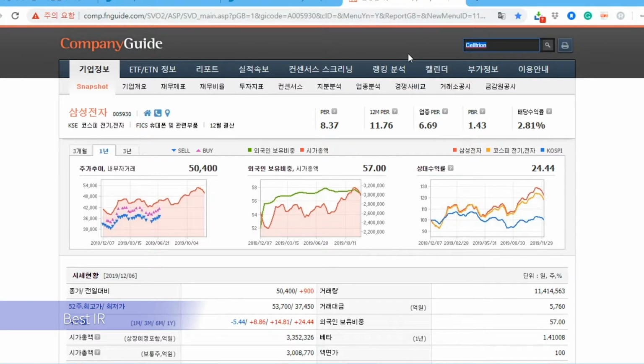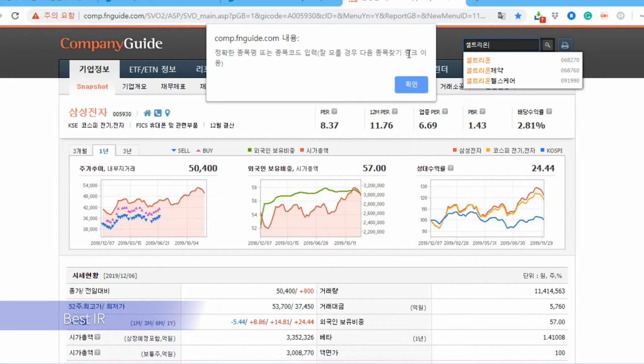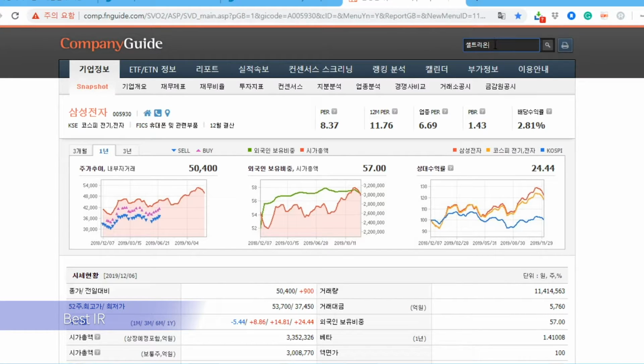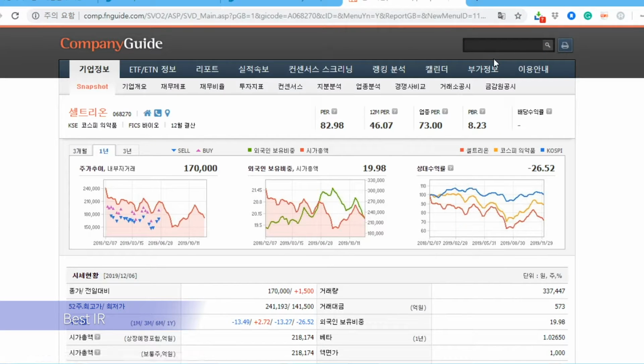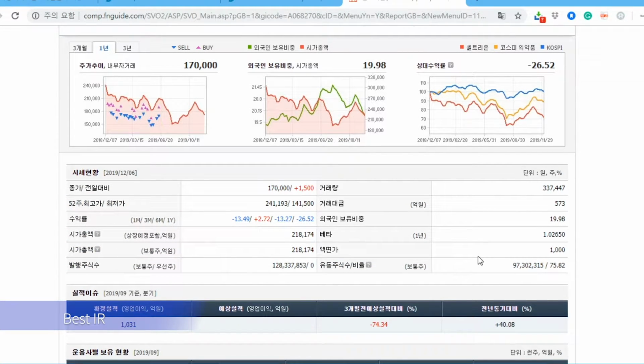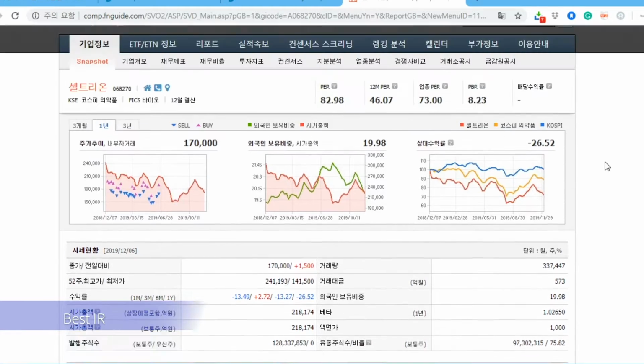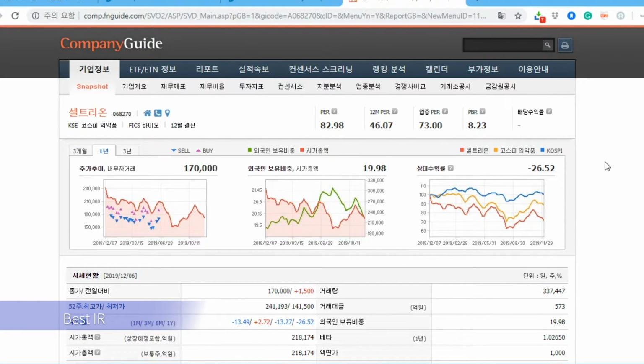You at least need to know the names of the company in Korean to use this, unless you want to use something like Bloomberg, which is like $20,000-$30,000 per year. So it's going to be very difficult to afford such an amount of money if you are an individual rather than an institutional buyer.